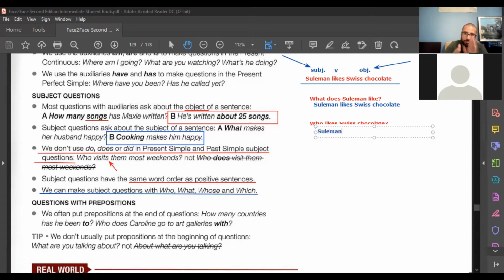We answered it. Who likes Swiss chocolate? Sulaiman. You can see clearly that we're asking about the subject in this question. And that's why if you find the s, for example, in a present simple question, it means it's a subject question.